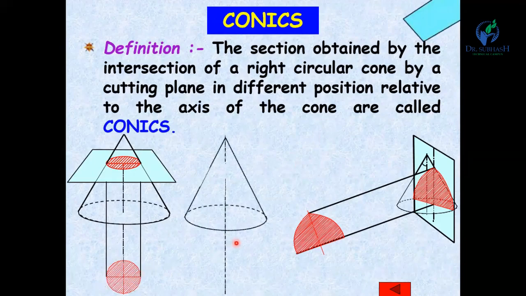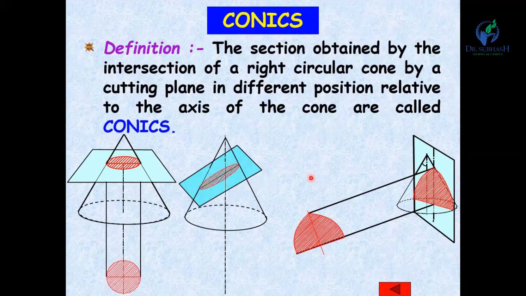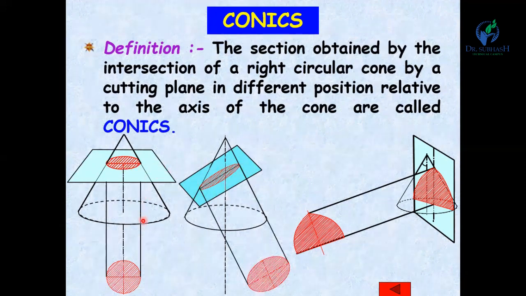Similarly, if the cutting plane is inclined with the axis, then you will get the ellipse. This curve is known as an ellipse. Here you can see the difference between these two. Here the plane is parallel to the base and perpendicular to the axis, and in this case the plane is inclined to both the axis as well as its base, and it is passing through both sides of the axis.